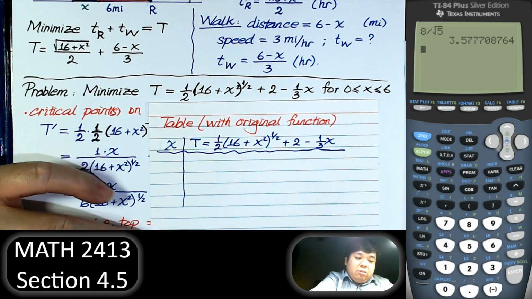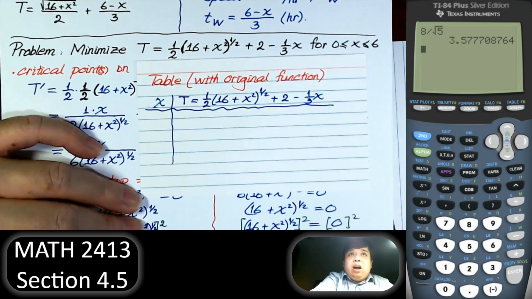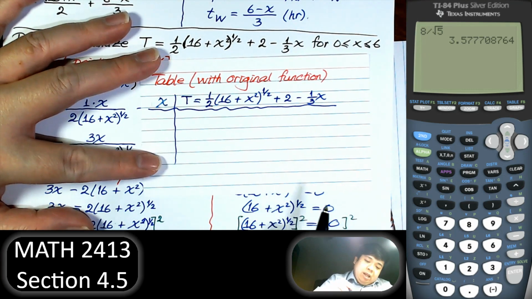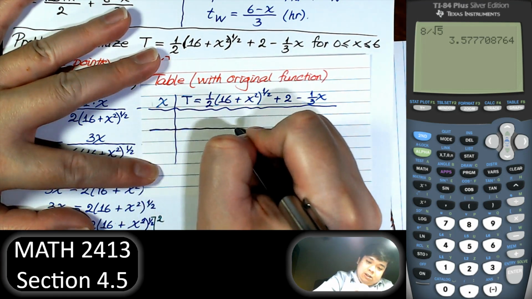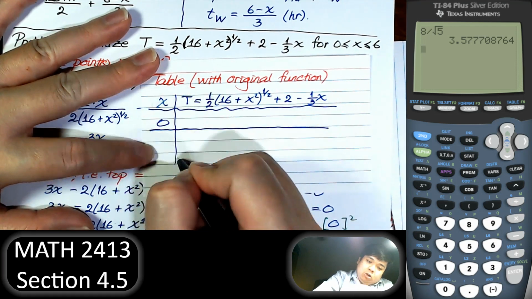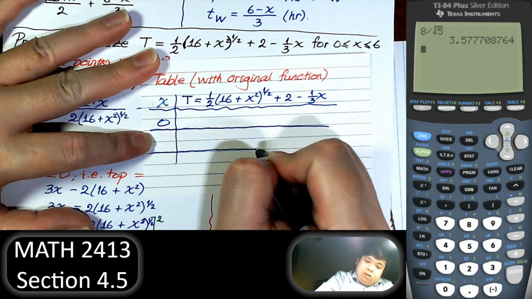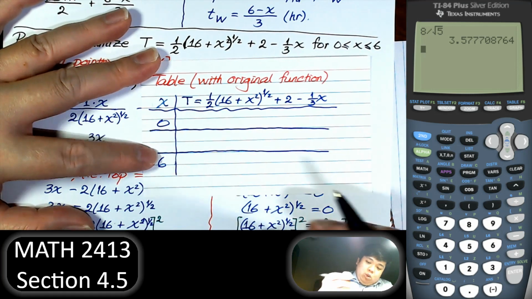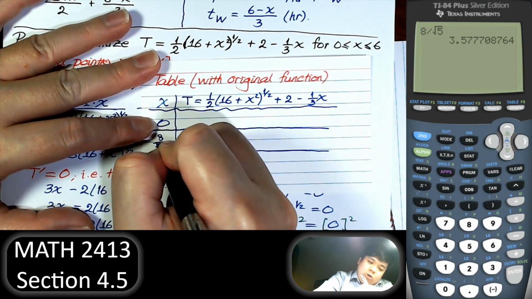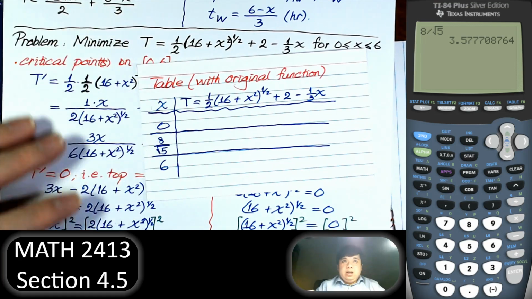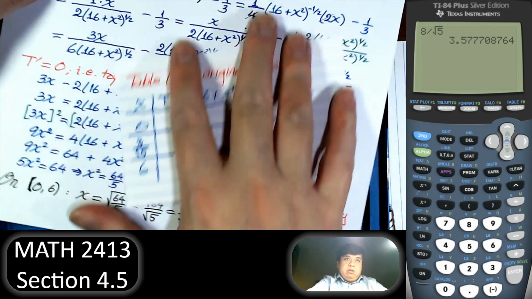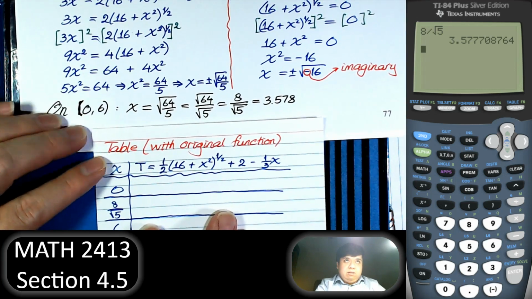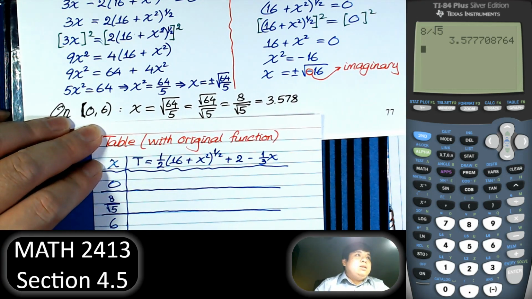So that is the time that's spent rowing and walking. Of course, we have 0, and then 6 are the endpoints, and in between them we have 8 over square root of 5. I'm going to put that in the table and find the values.